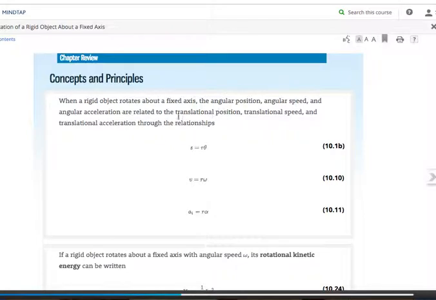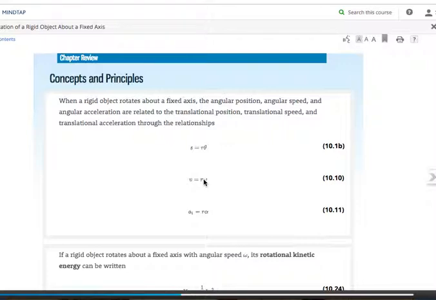Okay, so there is a relationship between each of the linear variables and our rotational variables that we just defined. They're all to say s, which is our linear variable, our x, is equal to the radius times theta. And again, velocity is equal to the radius times omega.